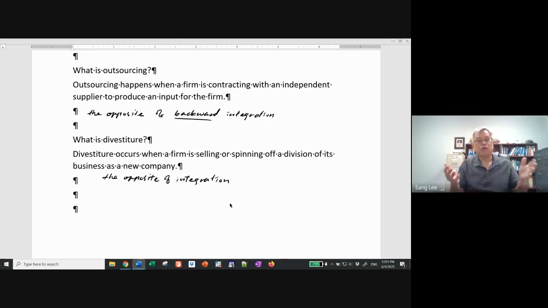So for whatever reason, when managers believe some of the existing capacity, some of its divisions, are either redundant or not necessarily part of the company's core competency, they may decide to sell them off. That is exactly what we call divestiture.